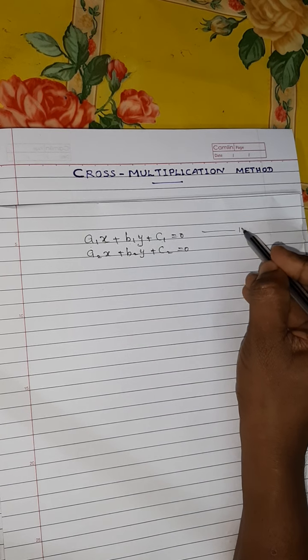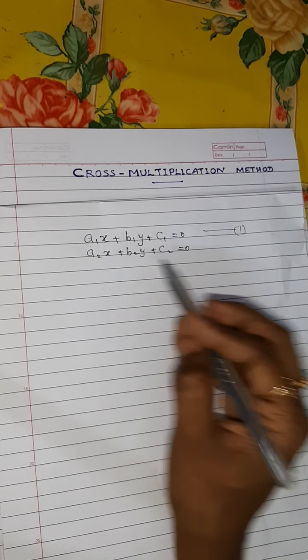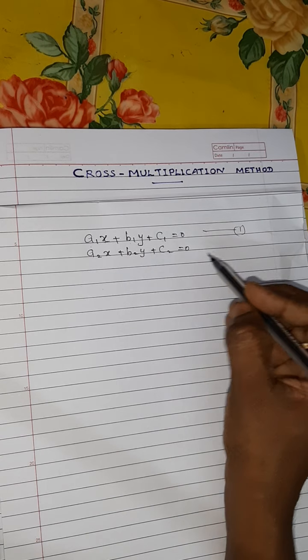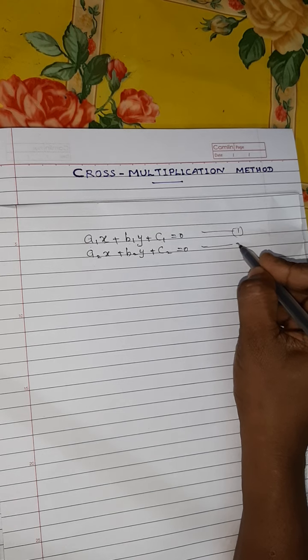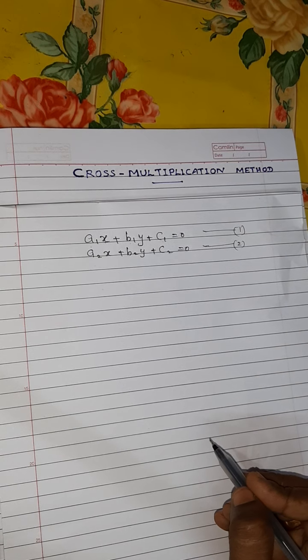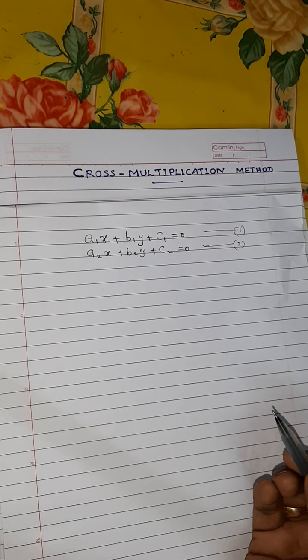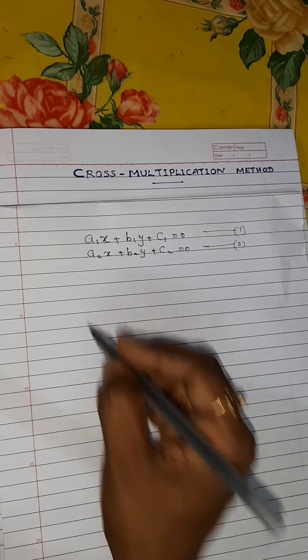In the second equation, the coefficient of x is a2, the coefficient of y is b2 and the constant is c2.